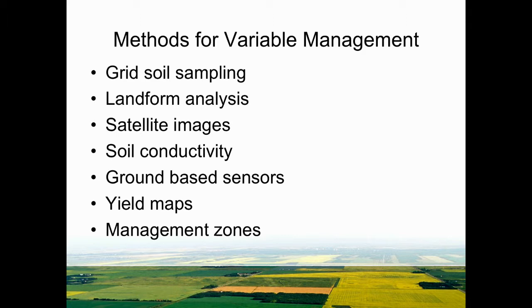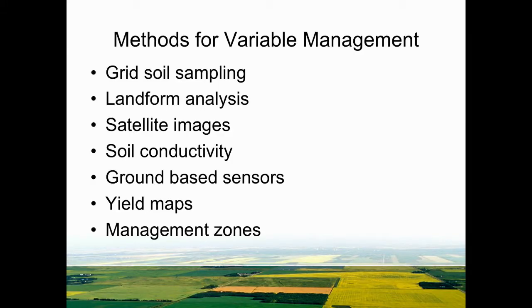However, it was certainly evident after a short while that it was fairly expensive in terms of soil testing and the whole process of collecting those soil test data. Landform analysis was another methodology where you look at the landform and stratify management based on landform, but that didn't provide all the answers either.